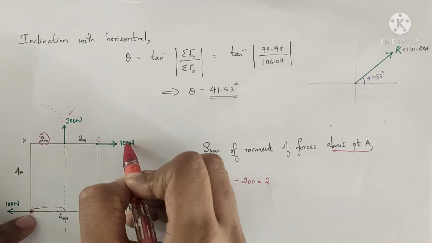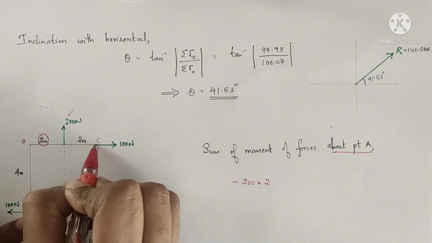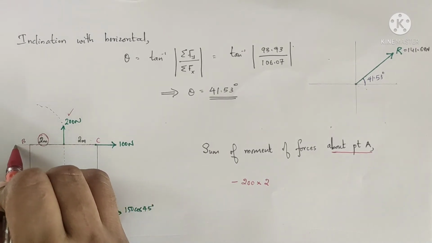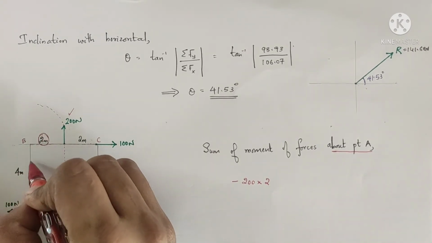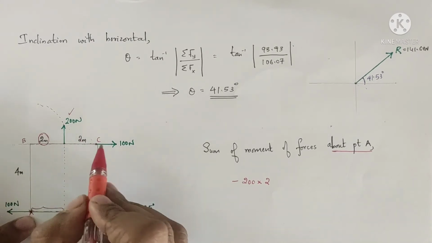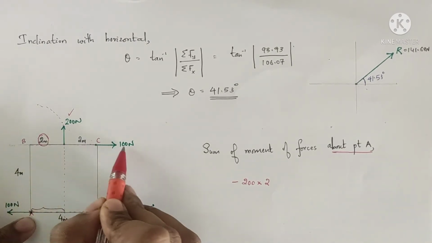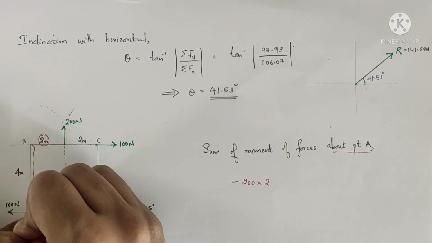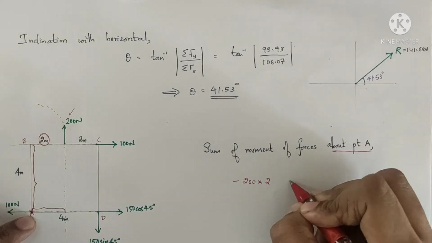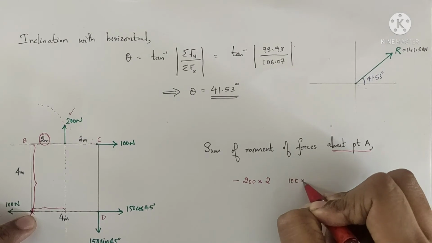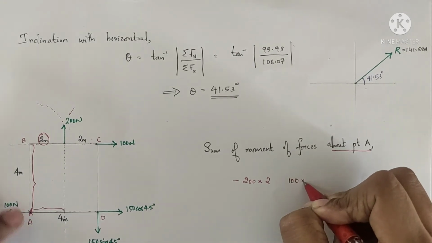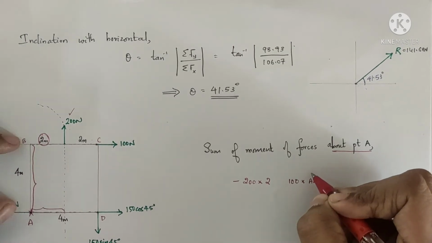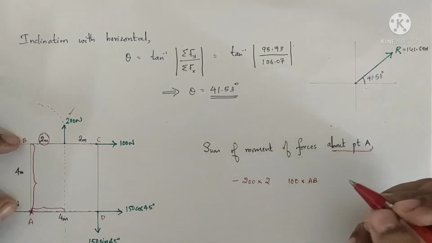Okay, with respect to point A, let's extend this line of action. This is the distance between the line of action of force 100 Newton and the point A, this entire distance. That is 100 into AB distance. That whole AB distance is 4 meter.